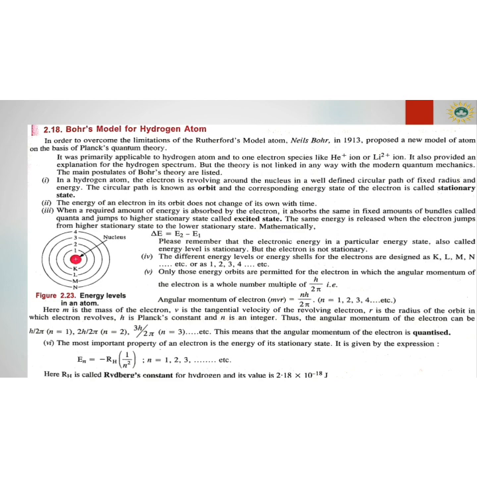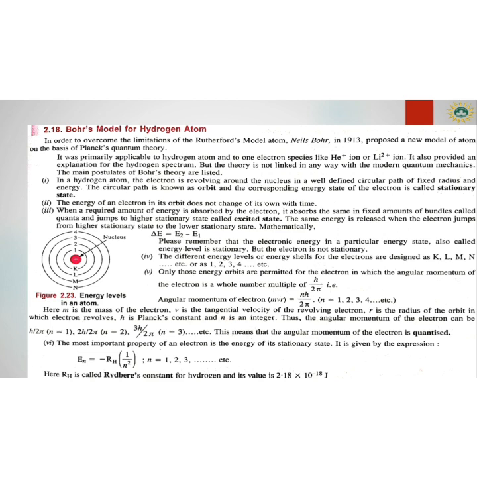Only those orbits are permissible in which angular momentum of the electron is a multiple of h/2π. Now you know momentum is equal to mv, and whenever it's angular momentum, there will always be multiplication with radius r. That's why it is mvr. So mvr = nh/2π, where n is any integer 1, 2, 3, 4.